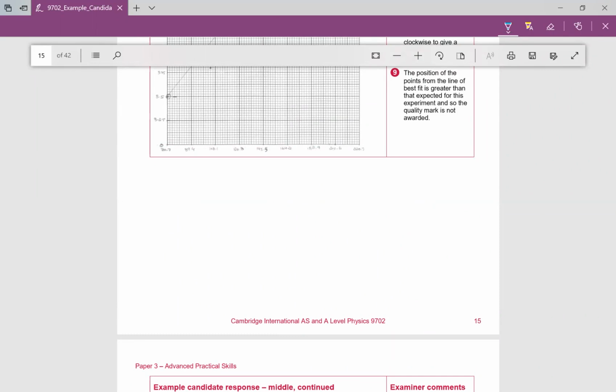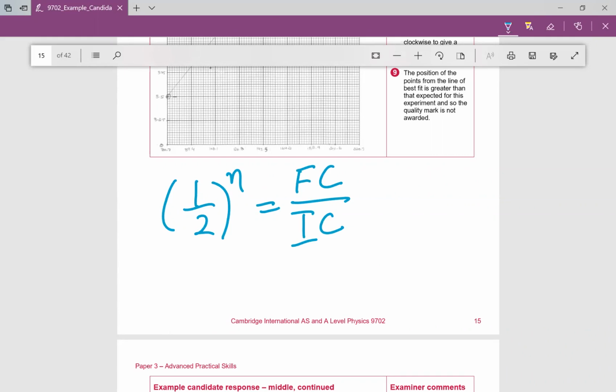So when you're calculating half-life, first of all, understand that whenever something is decaying through half-life, it always takes an exponential curve. So if I take the final count and divide it by the initial count, that is equal to half raised to the power of the number of half-lives.